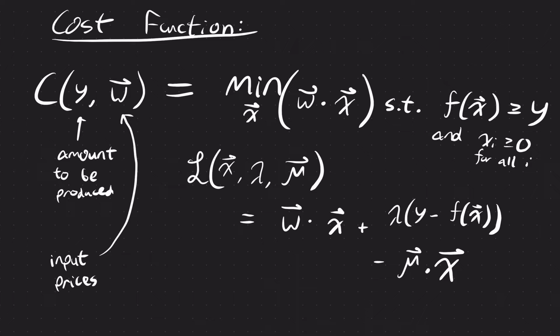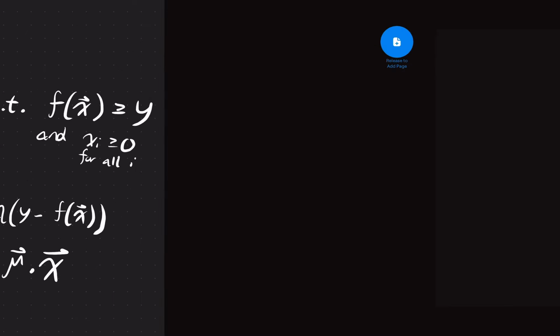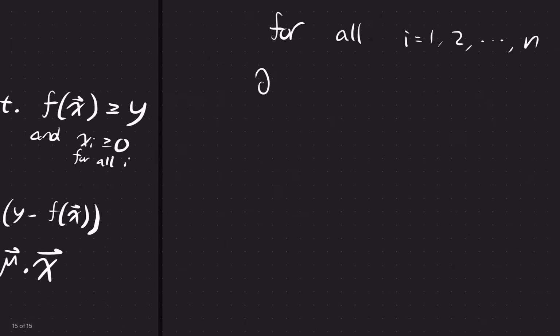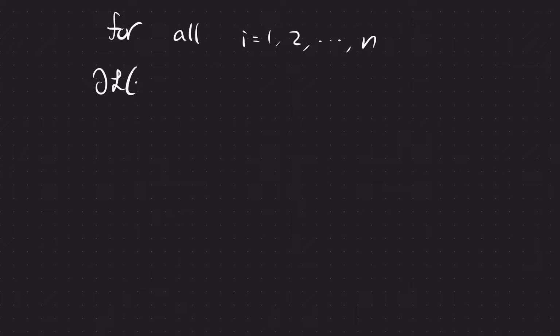And then you apply the first order conditions as we have before. So for all i equals 1, 2, up to n, you have the partial derivative of the Lagrangian evaluated at the optimum equal to 0.